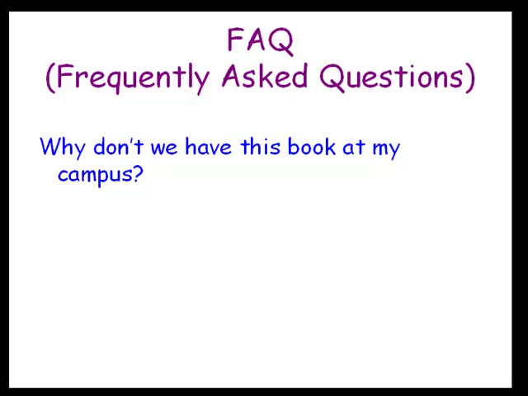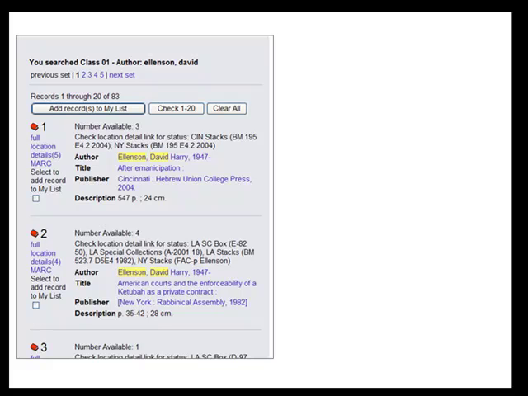Common question is, why don't we have this book at my campus? There are many reasons for this, but sometimes the answer is that we do have it. If you're looking for Rabbi Ellenson's book, After Emancipation, you might be surprised that we don't have it on the LA campus.